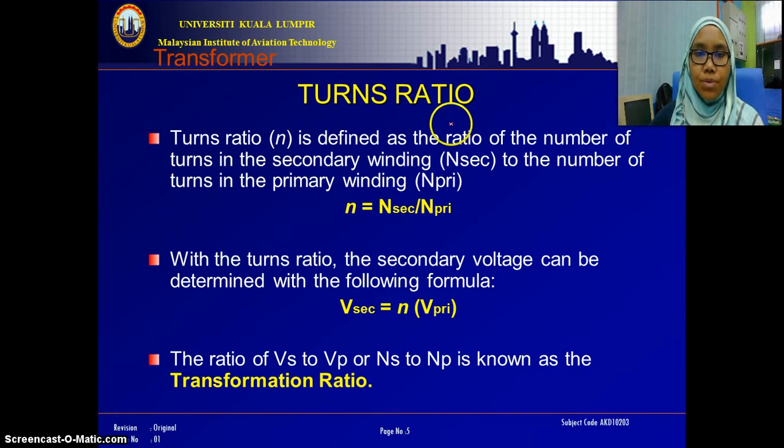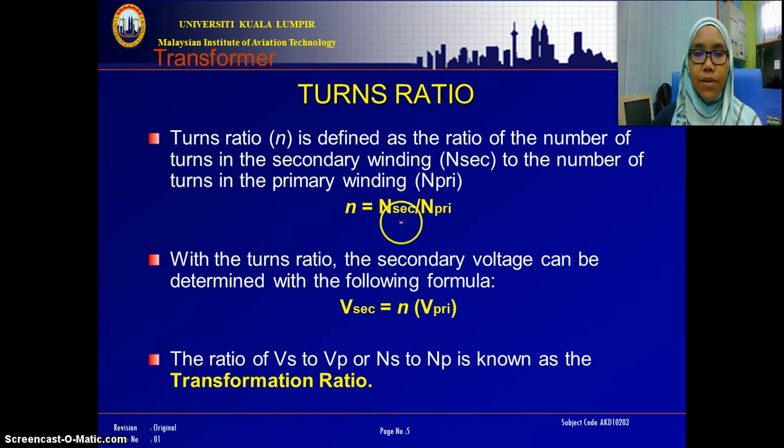Turns ratio is defined as the ratio of the number of turns in the secondary winding to the number of turns in the primary winding. So in other words, N is equal to secondary number of turns over primary number of turns.